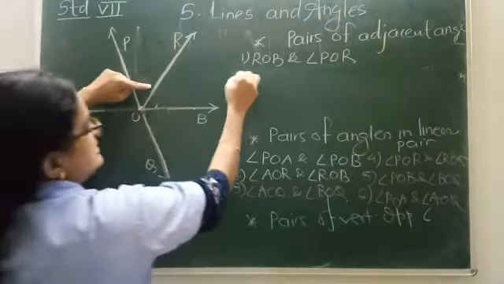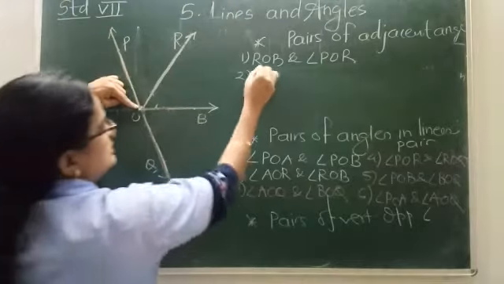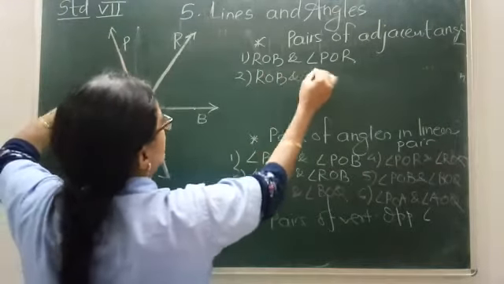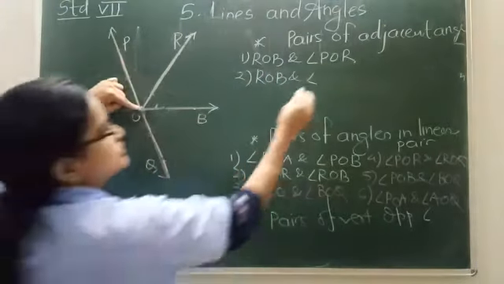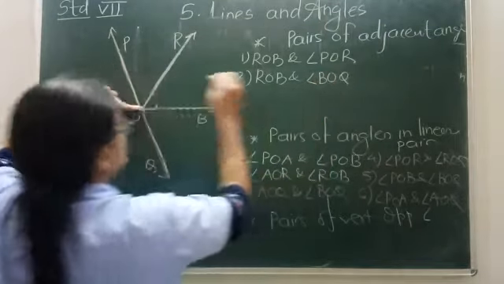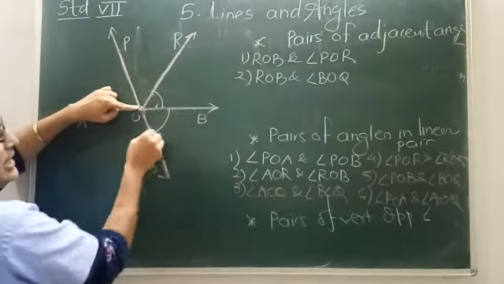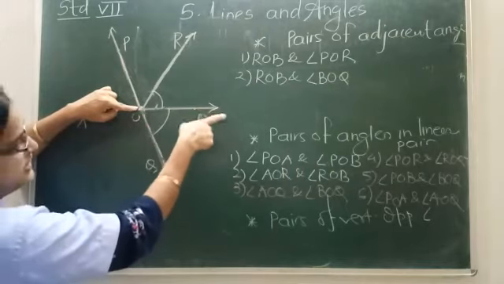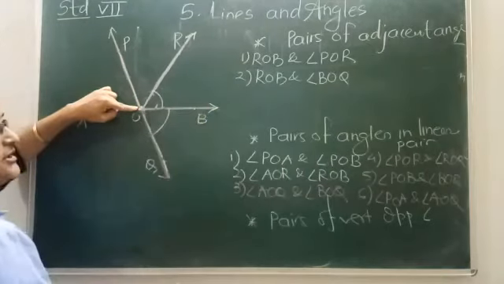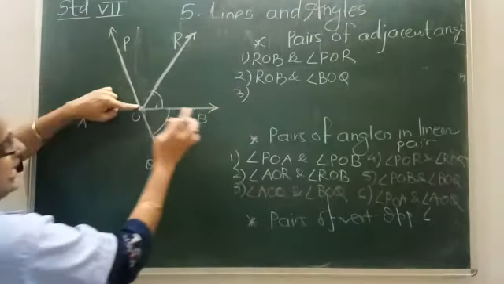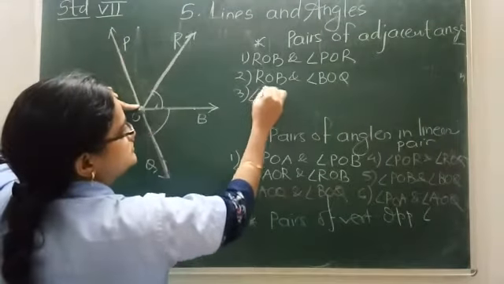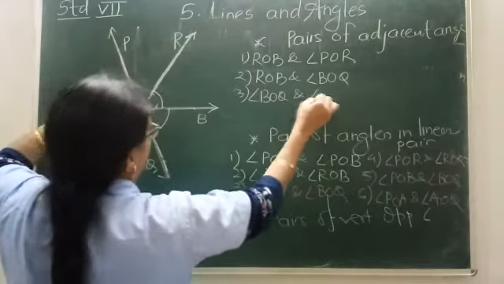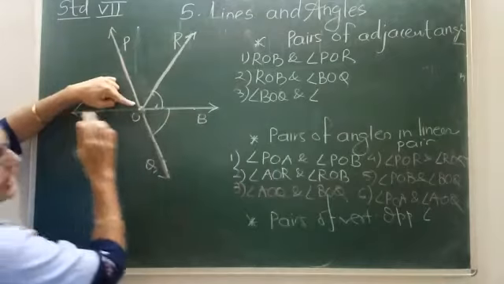Or can I say another pair, ROB and angle BOQ? Just see, I am saying ROB and BOQ. One vertex common, one arm common, interiors are disjoint. Even I can say angle BOQ and angle QOA.